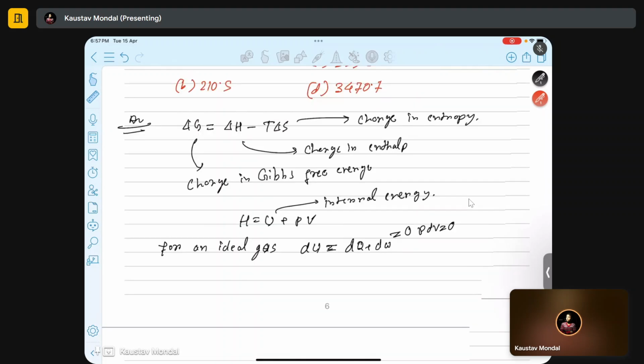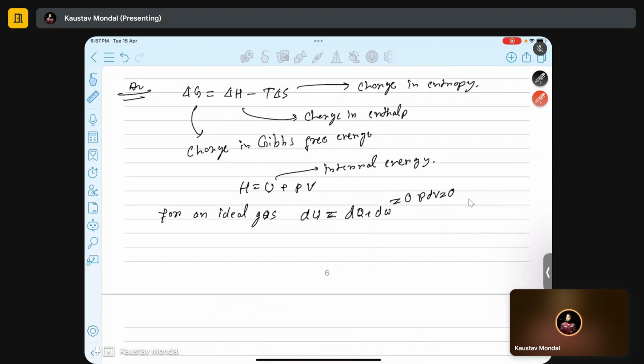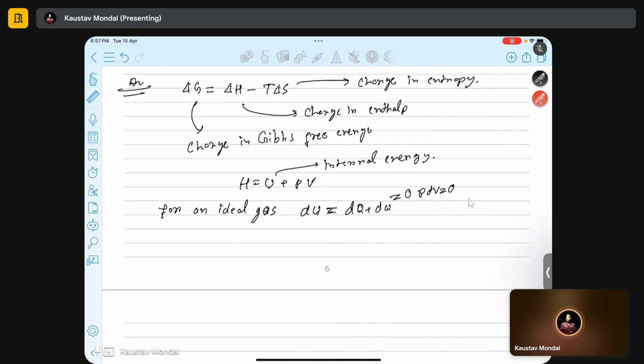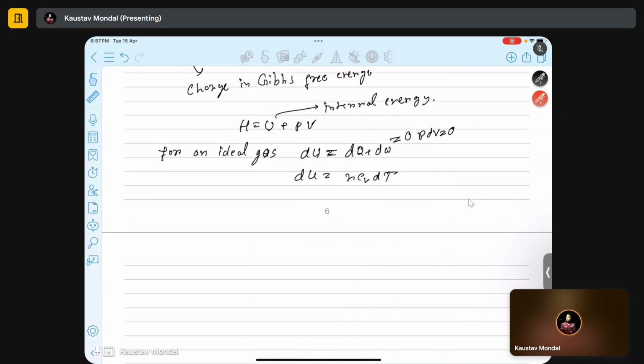So P dV will simply be equal to 0. That means you can write dU as n Cv dT. Now from here we can write delta U as n Cv delta T.